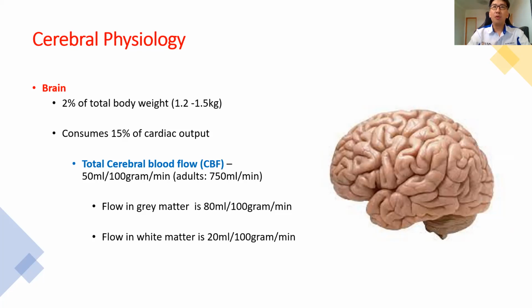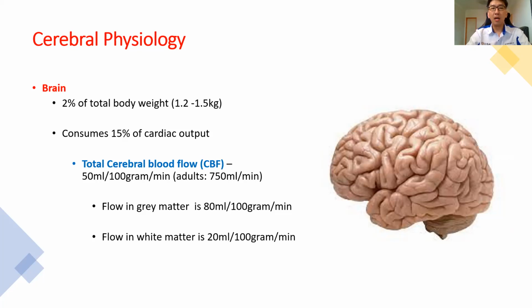As we know, our cardiac output is about 5 liters per minute, and about 15% of it goes to the brain. Its cerebral blood flow is about 50 mL per 100 grams per minute, and approximately 750 mL per minute in the adult population.